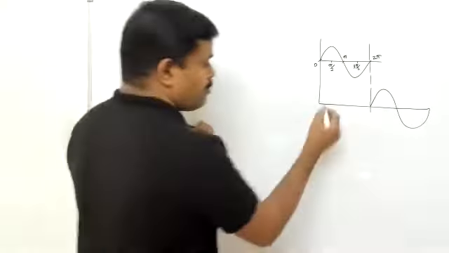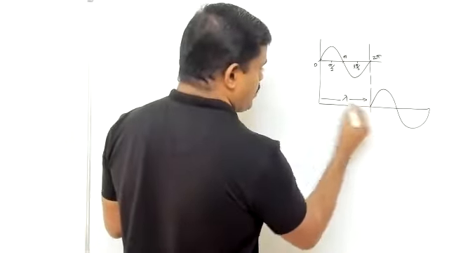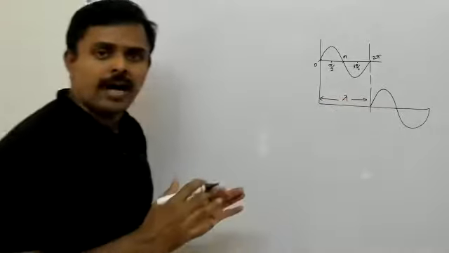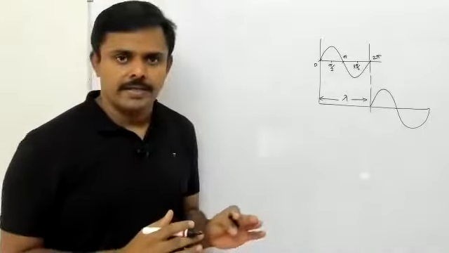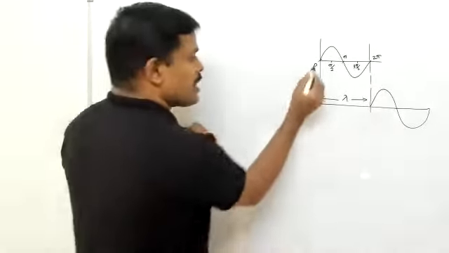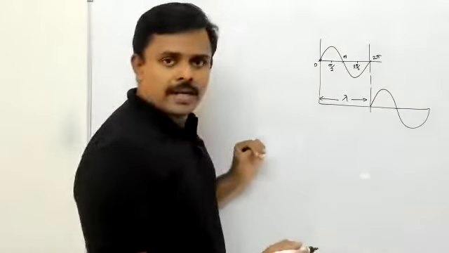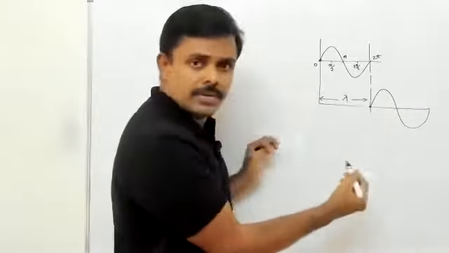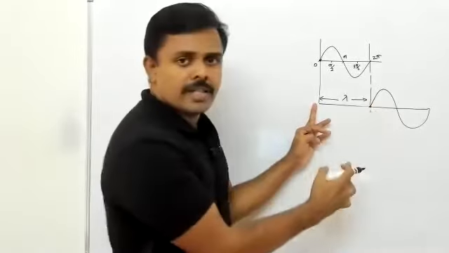Now, the path difference between them is lambda. In the textbook, they have directly given this, but I'm just telling you how you get this equation. All right. So what is the path difference between the waves? This wave is starting over here, while this wave is starting here. Look at this point. So what is the path difference between them?